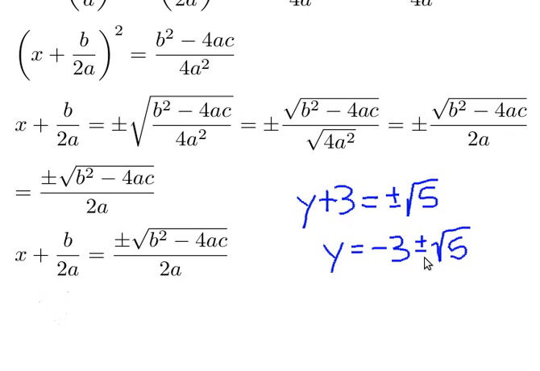So same thing goes over here. This next line is going to be x equals negative b over 2a. Then there's this here, plus or minus. And you know what?